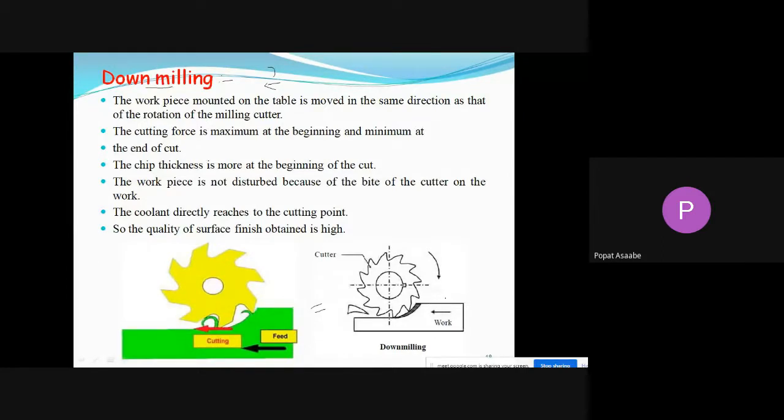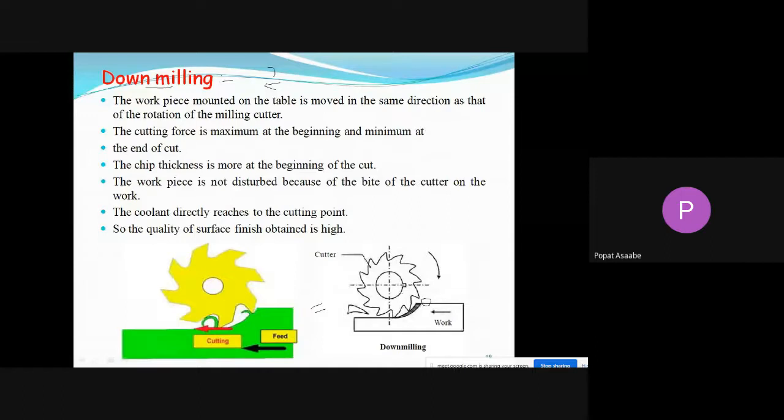In down milling, initially, when the cutter touches the workpiece, it creates the maximum cutting force, and at the end it creates the minimum cutting force. The thickness of the chip initially is the maximum, and at the end the thickness of the chip is minimum. Means it is totally opposite to up milling.